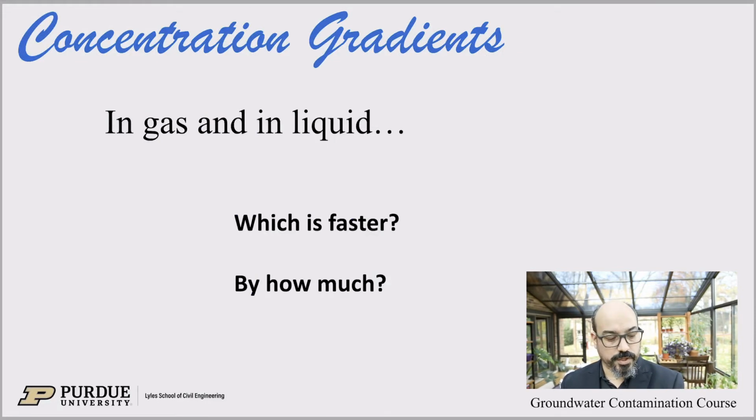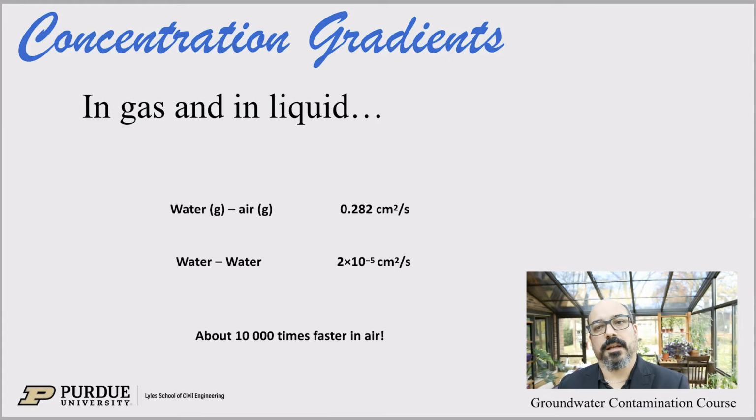So first a question: in a gas or in a liquid, which one is faster? Is diffusion faster in a gas or in a liquid? Intuitively, we all know that liquids are denser than gas, so diffusion is slower. So we already see that viscosity, or density, but viscosity essentially, has an influence on the diffusion of particles in fluids.